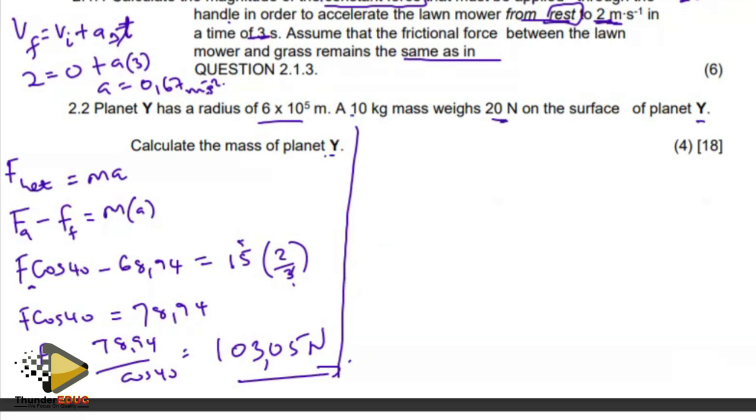So if the 10 kg is experiencing this much force, the 10 kg must also apply this much force onto planet Y.